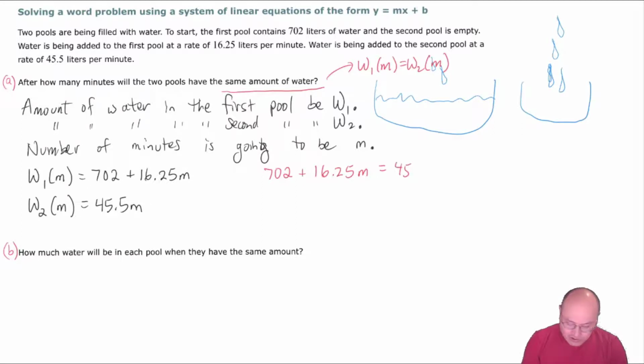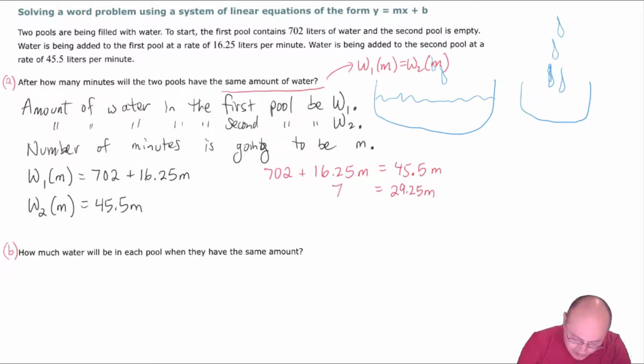And of course, now we can solve for m. What is 45.5 minus 16.25? It is actually 29.25.